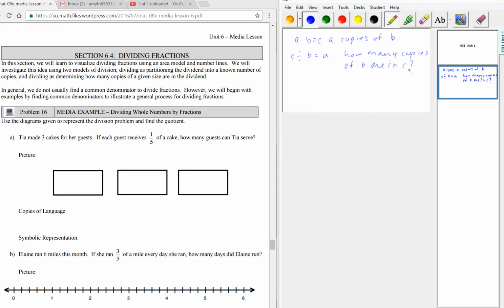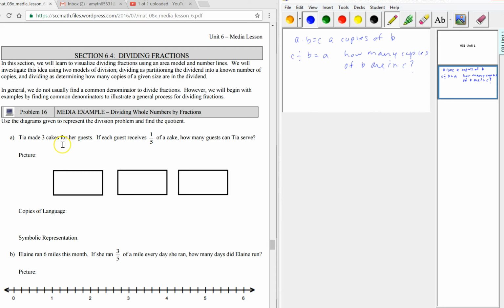So that's the idea we want to use, and as you can imagine, it's a lot simpler with whole numbers and integers than it is with fractions. So this is a nice way to start, and we can actually extend this first problem.